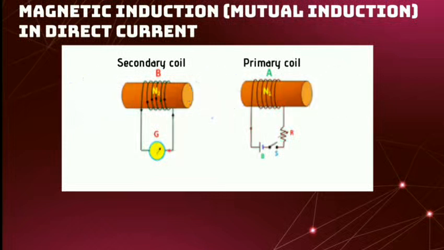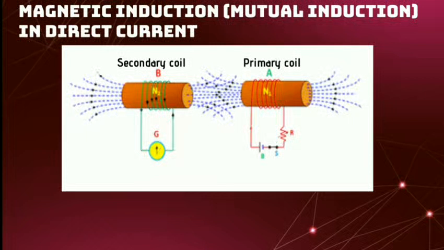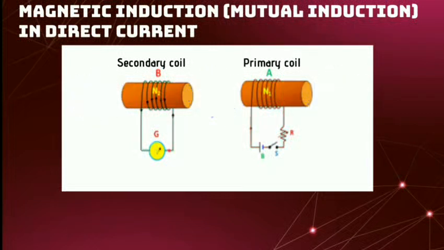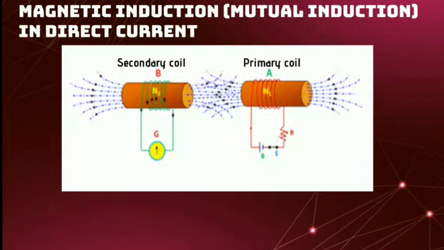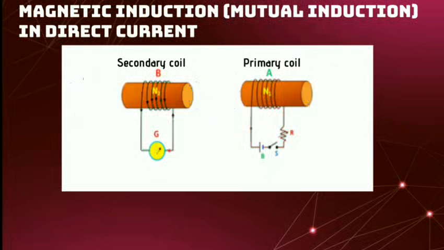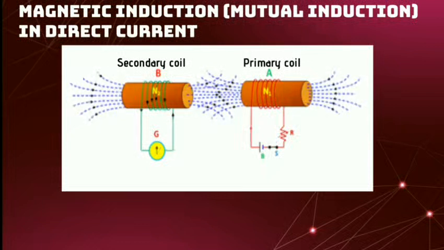That is, when there is a change in the current of coil 1, coil 2 gets charged, or there is a potential difference in the secondary coil. And so we say that coil 1 is the primary coil and coil 2 the secondary coil, which gets the induced current from coil 1.